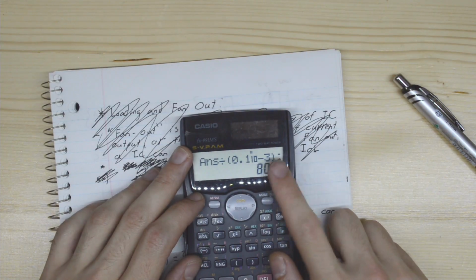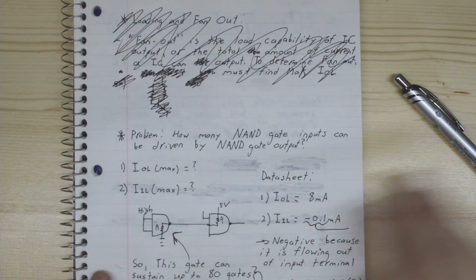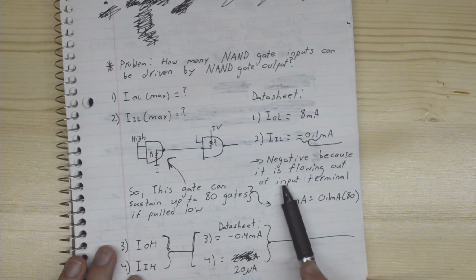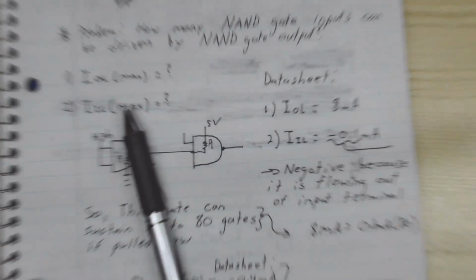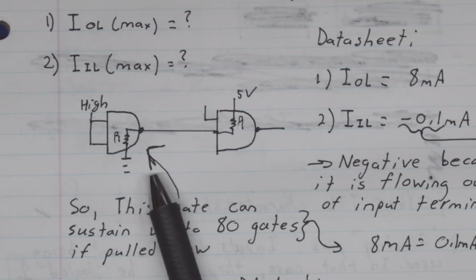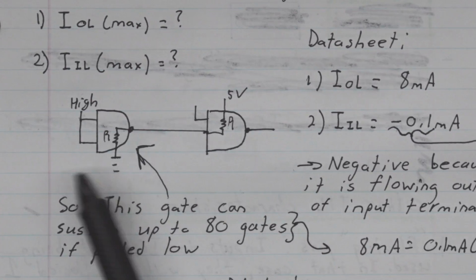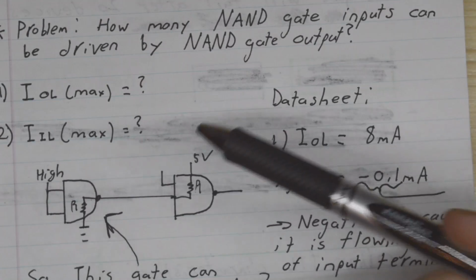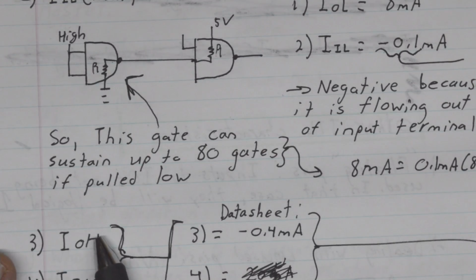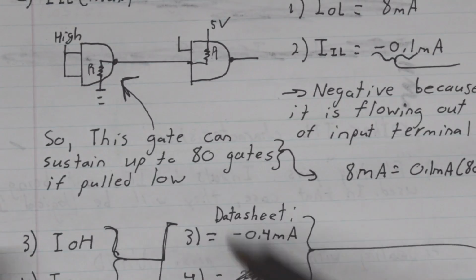That's 80. So, with this calculation, we see that in this configuration, we can have 80 of these gates pull this one to low. But we can't only leave it there because we need to check the high state, per se.